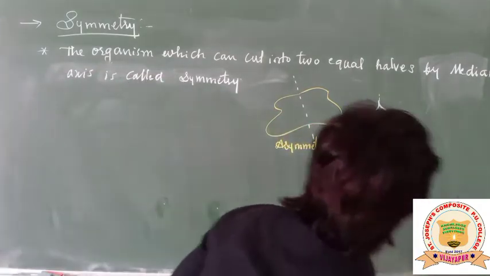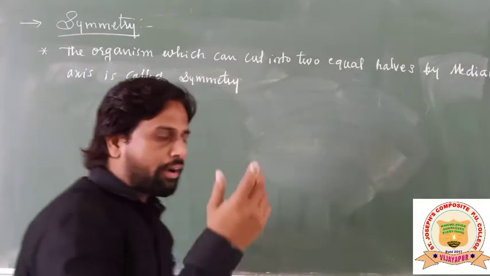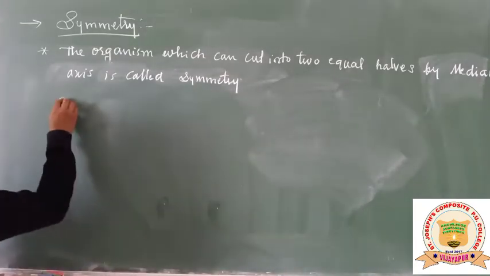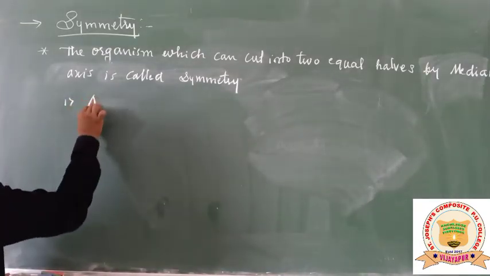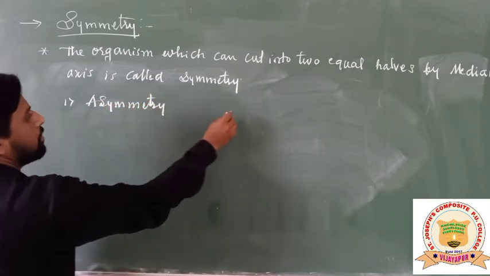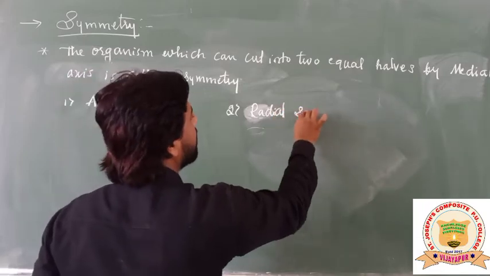Now based on symmetry, there are mainly three types of organisms. One is asymmetry. Second one is radial symmetry.